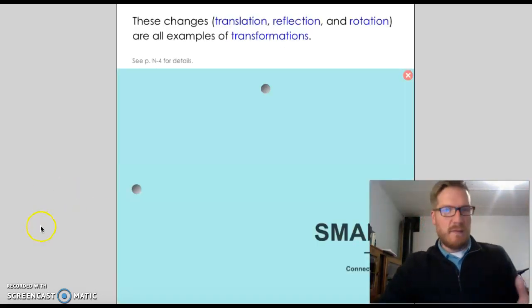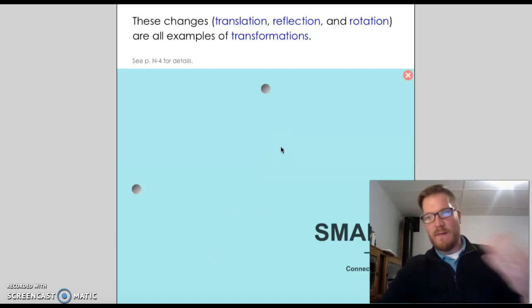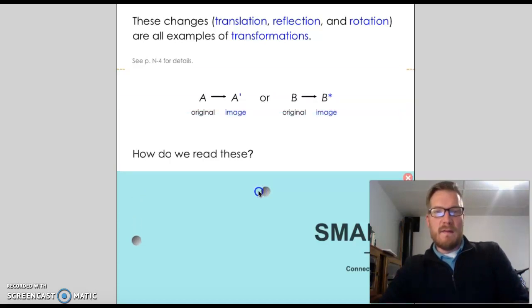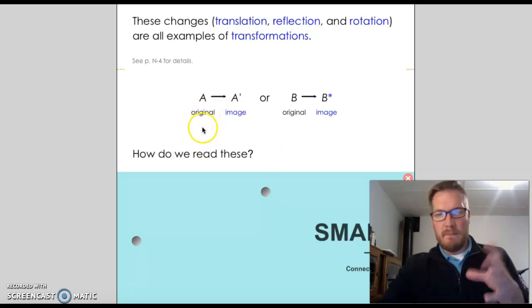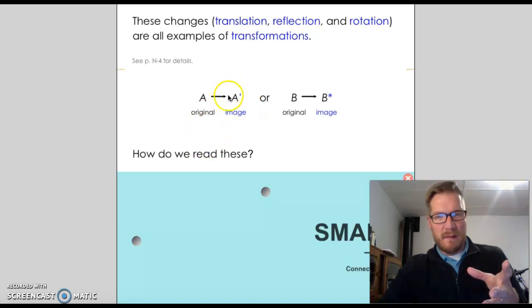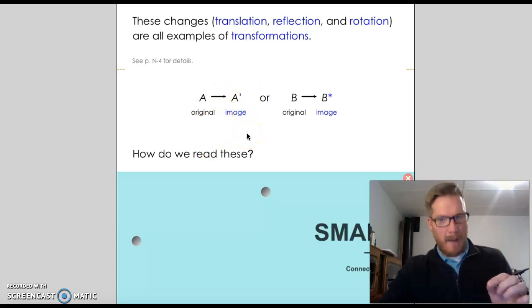These changes, translations, reflections, and rotations, are all called transformations, which is what this geometry unit focuses on. In our diagrams, we'll sometimes see points like point A, and then something that looks like A with a little apostrophe beside it. We call that A prime. That little symbol in this case means prime.